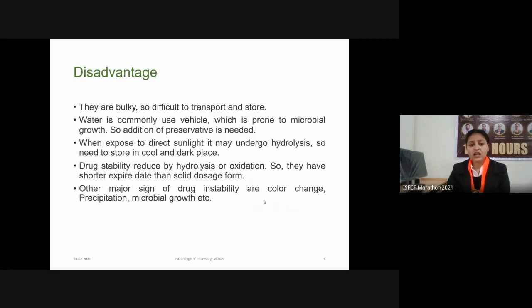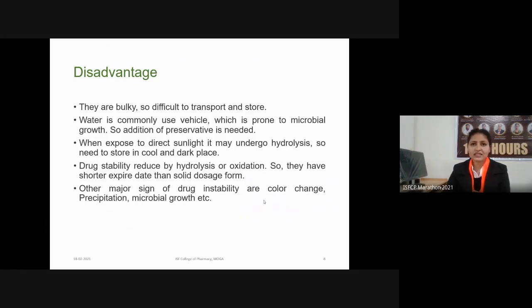The next disadvantage is that when exposed to direct sunlight, it may undergo hydrolysis, so it needs to be stored in a cool and dark place. If we do not properly store these monophasic dosage forms, because there is no kind of coating over them, just a solute dispersed in the liquid vehicle, the chances of hydrolysis increase.